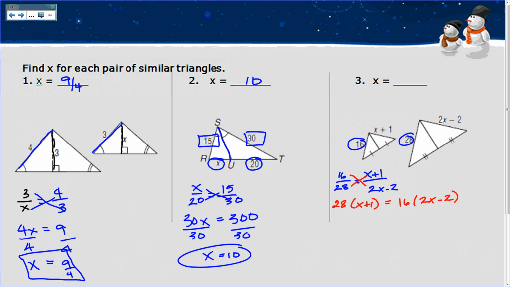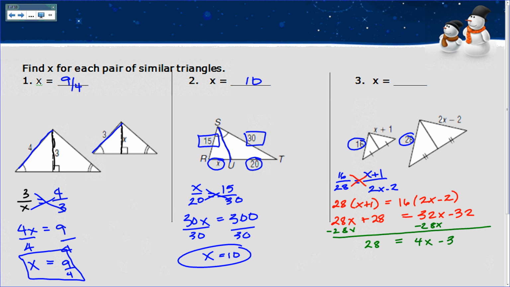And then I'm going to set them equal. Then I'm going to distribute. So 28x plus 28 equals 32x minus 32. So then, next thing I'm going to do is move the smaller x. So I'm going to subtract 28x from both sides. So I've got 28 equals 4x minus 32.